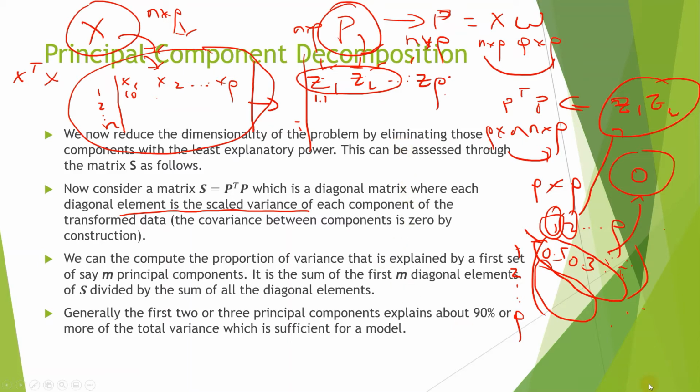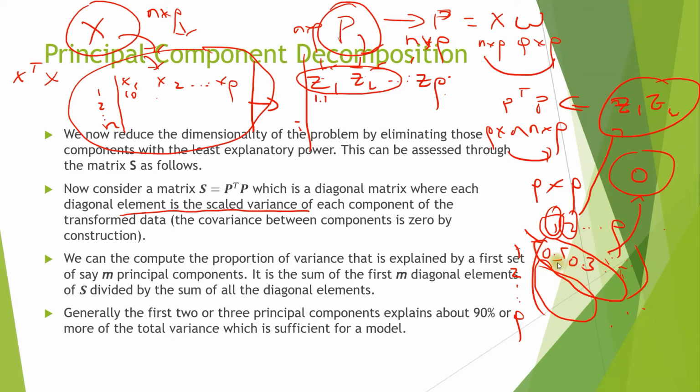Now, to explain the percentage of variation, you take the first values that you got, the scale covariance that you got in the diagonal, you divide by the total that you have.